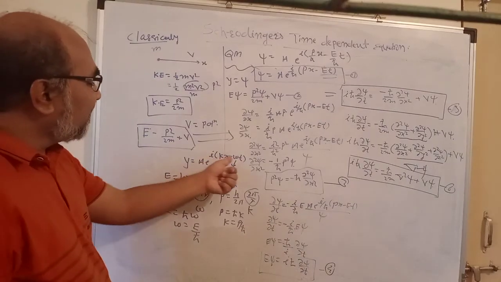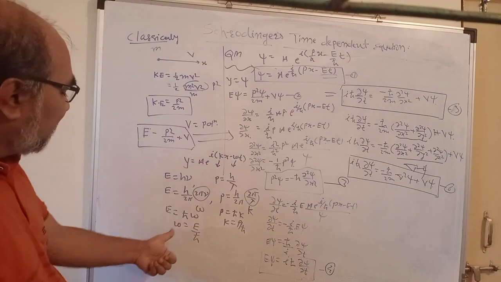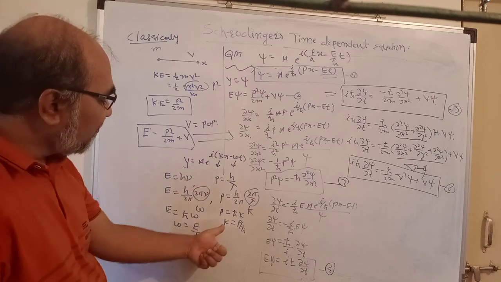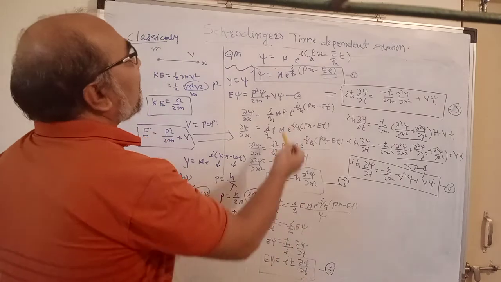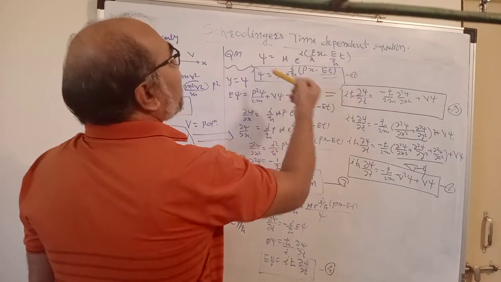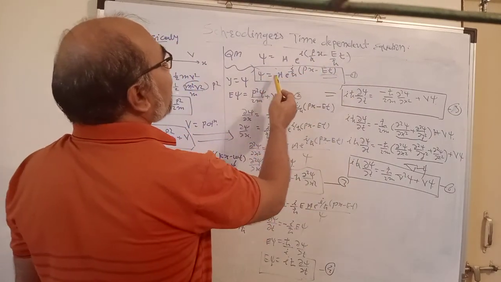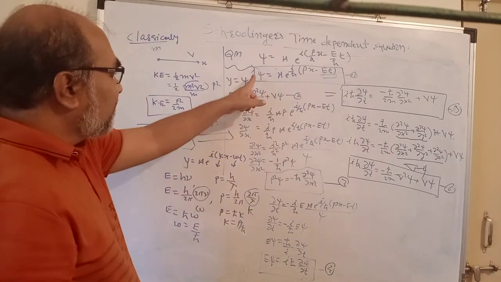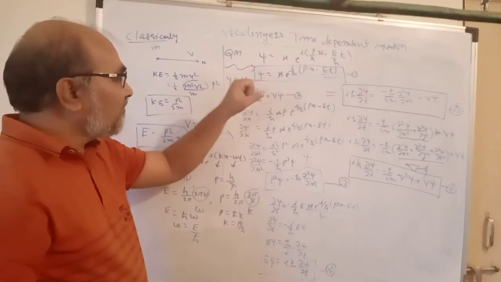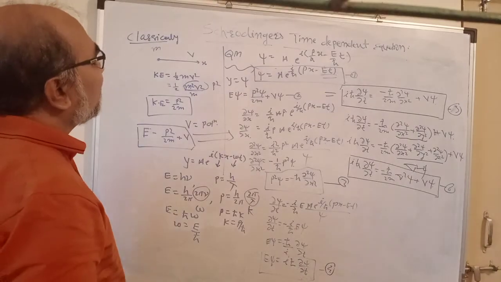Find out the values of k and omega, where omega is equal to E by ħ and k is equal to p by ħ. Put these values here, taking the common ħ, so ψ is equal to A e raised to i/ħ (px − Et). So this is your Schrödinger wave equation in terms of ψ.